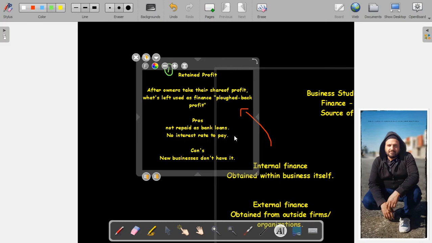The second disadvantage is that sometimes this profit might be too small to fund the finance needed, especially if the small firm is seeking expansion.